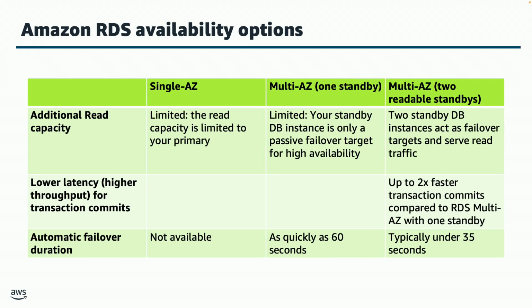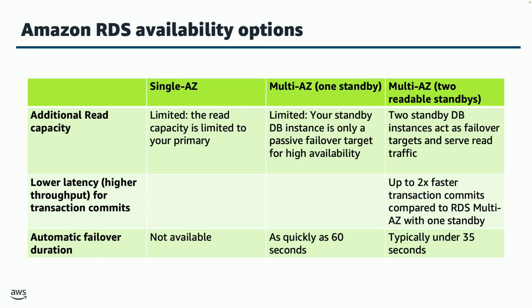And then lower latency, as we discussed today. Multi-AZ DB clusters provide 2 times faster transaction commit latency, and any issues with EBS jitter we try to reduce, because that doesn't come as part of the commit transaction path. And automatic failovers, as we've seen in today's demo: normally with single AZ, there is no high availability option.